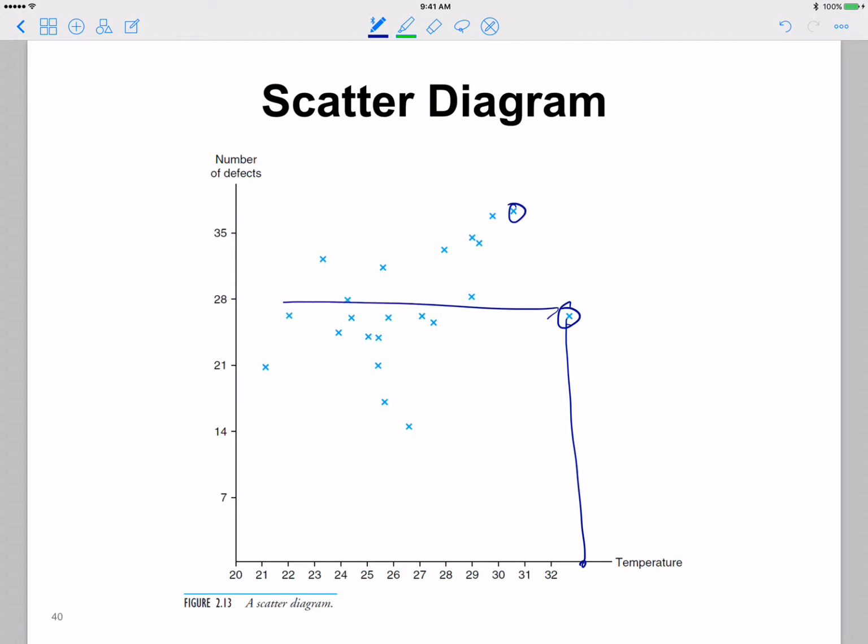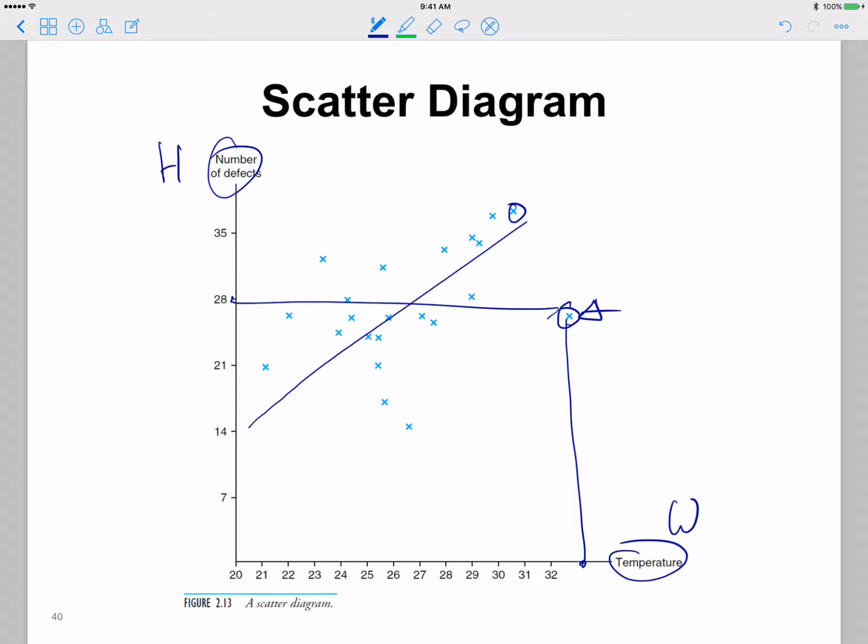Having this weight and height, we can represent a particular person as this point. And in the case of temperature versus the number of defects, every day's record can be represented as one point.